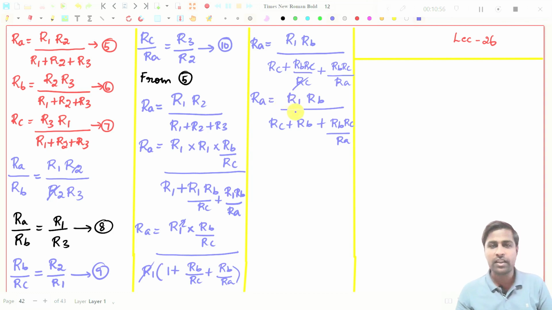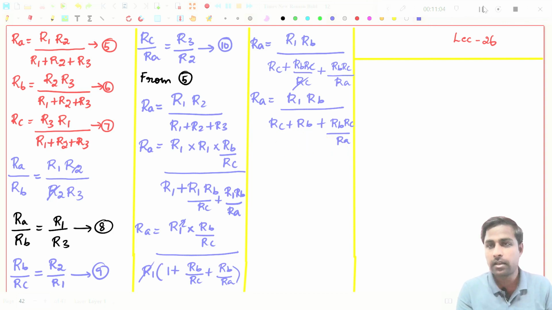So now what we can do here? It is very simple, right? We can take LCM, and then we will get the value. See what we can do. We just keep this R1 on one side because we need R1, right? So you bring all these terms to the other side. I am keeping R1 on one side, and already there is RA.